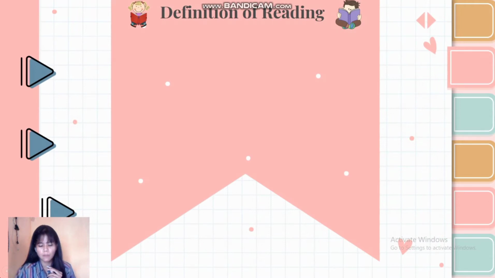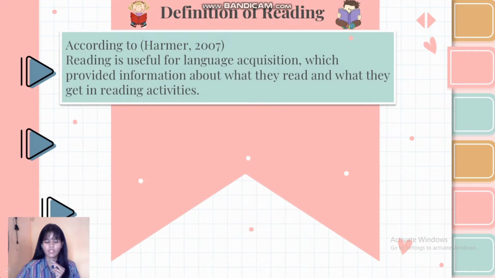The next is the definition of reading. According to Harmer 2007, reading is useful for language acquisition, which provides information about what they read and why they get in reading activities.